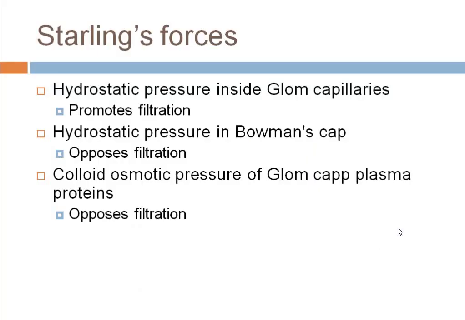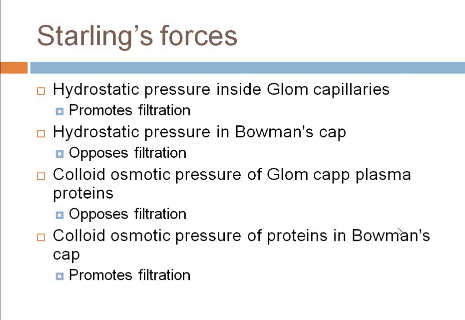Colloid osmotic pressure in the glomerular capillaries, mainly due to plasma proteins, will oppose filtration because they will try to retain the fluid inside, and hence they oppose filtration. But if there is an increase in the colloid osmotic pressure of proteins in Bowman's capsule, then it will promote filtration. But under normal circumstances, this is not there.